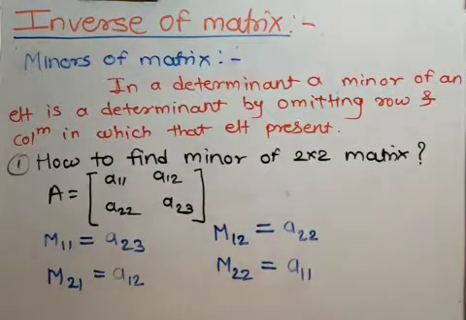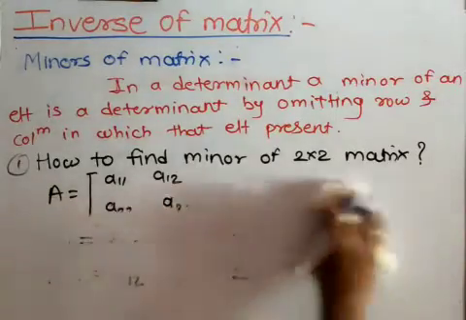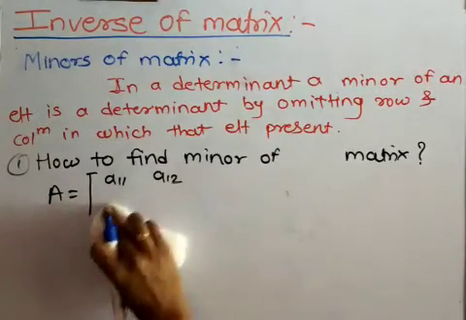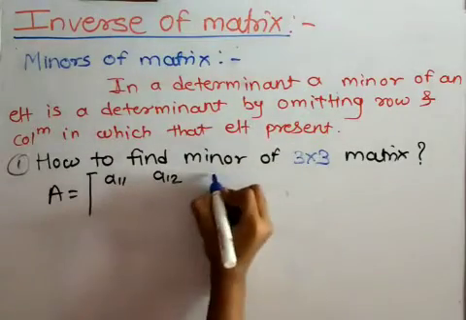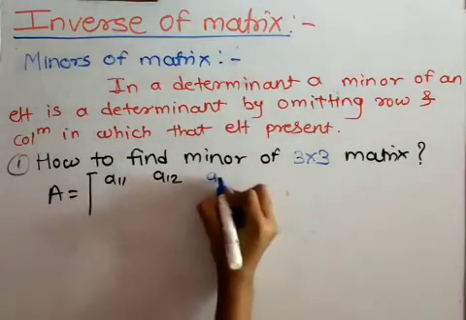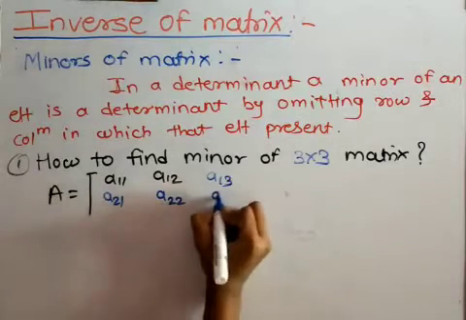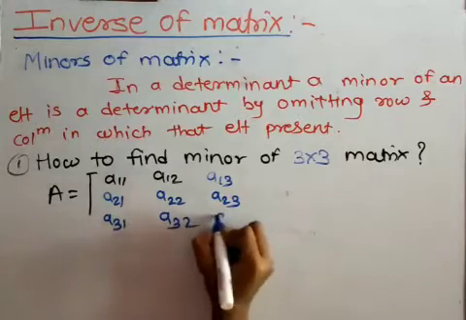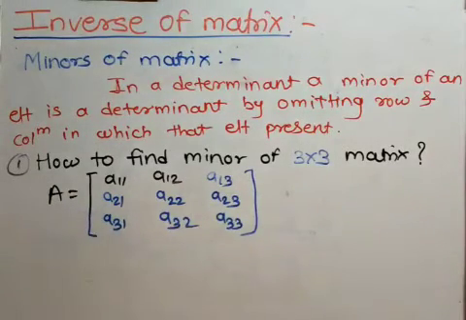Okay, next, suppose we have a 3 by 3 matrix. Okay, A11, A12, A13, A21, A22, A23, A31, A32 and A33, which is a 3 by 3 matrix, right?